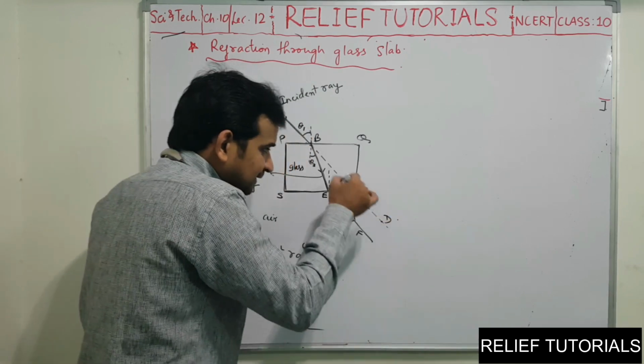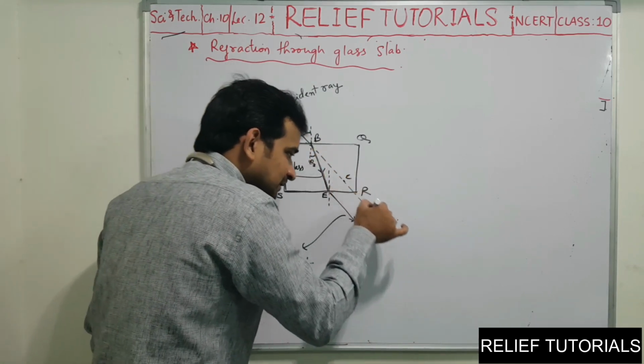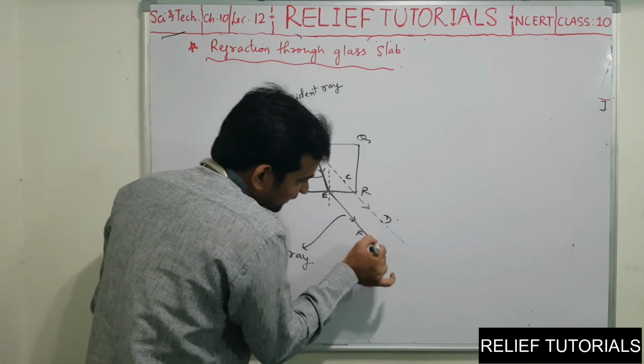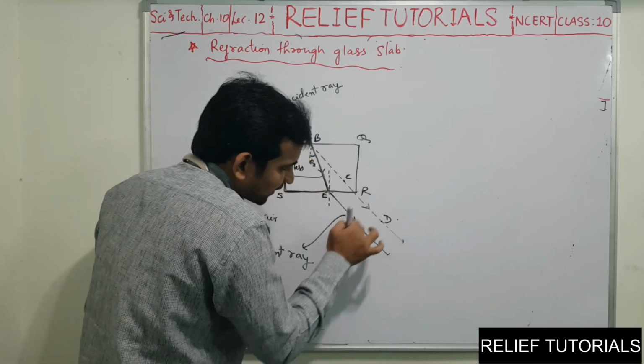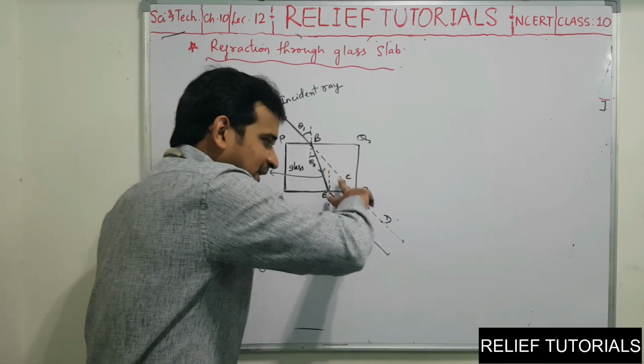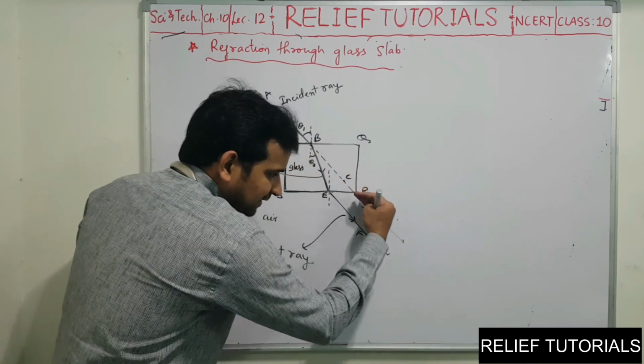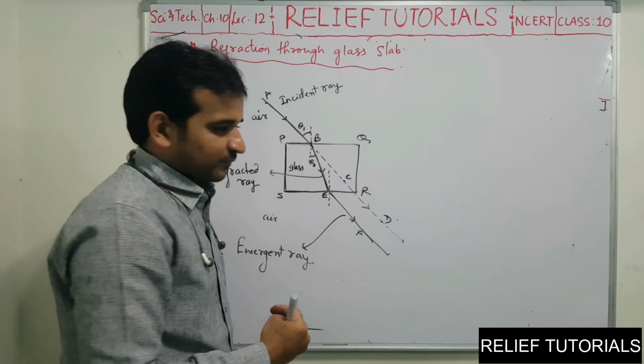Can you see the figure? The original incident ray is going like this, and the final emergent ray is going in the same direction. Both are parallel, both are going in the same direction, but the path is slightly shifted.